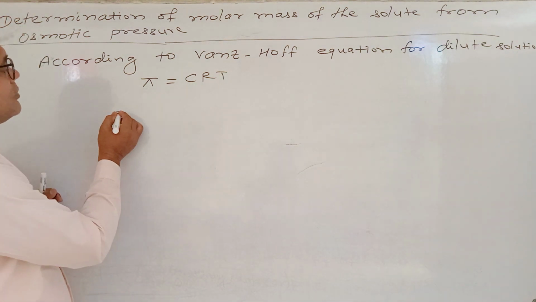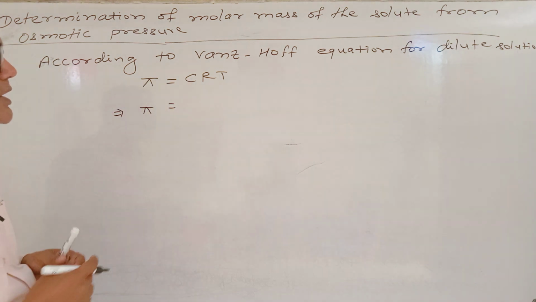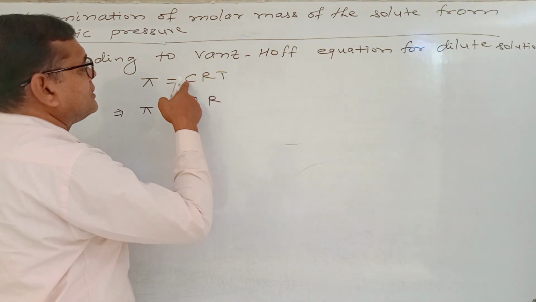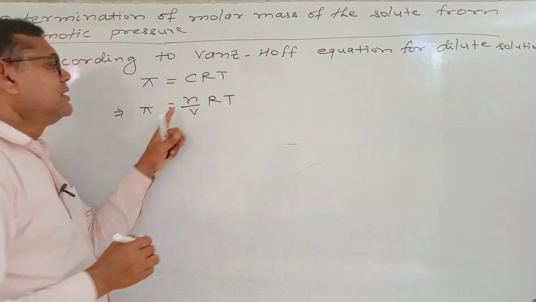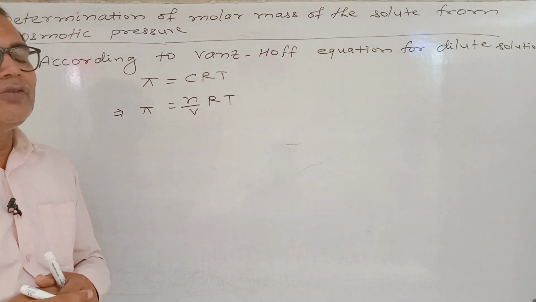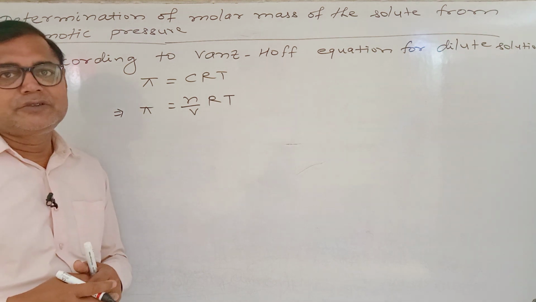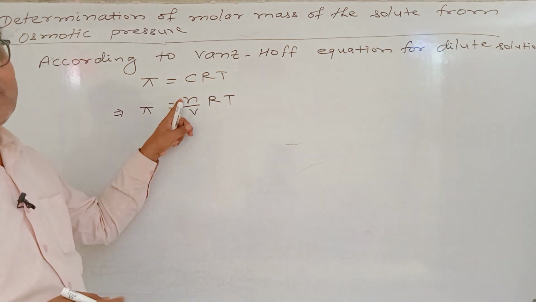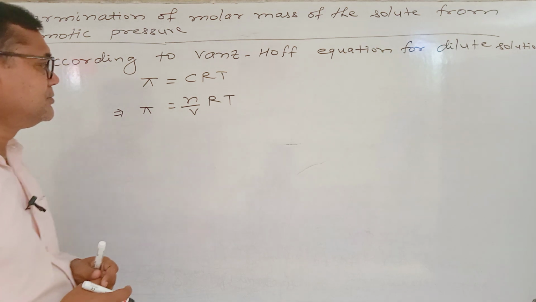Now C is converted into n upon V, so we write instead of C, n upon V into RT. n upon V is the concentration of dilute solution, which indicates n moles of the solute dissolved in V liter of the solution.